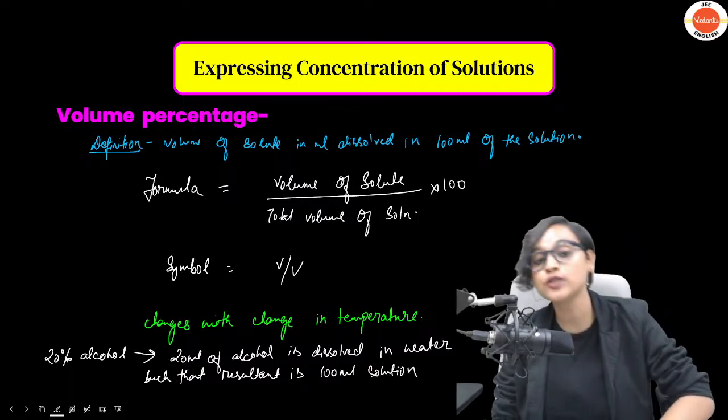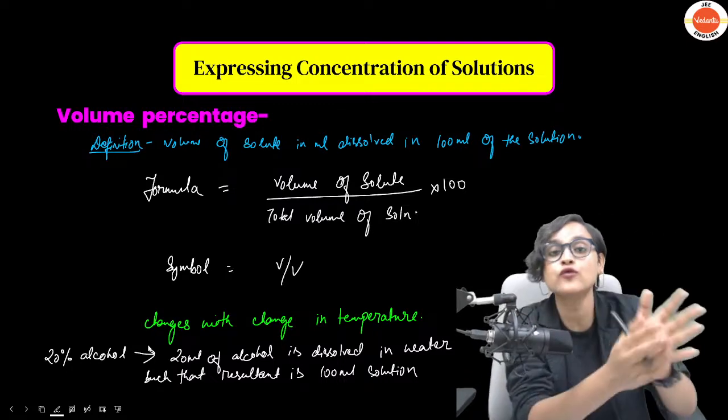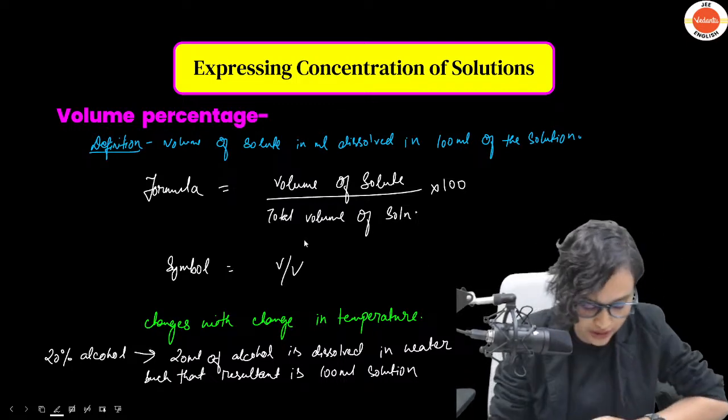So if I say 20% alcohol, that means 20 ml of alcohol and 80 ml of water together will make 100 ml solution, right?